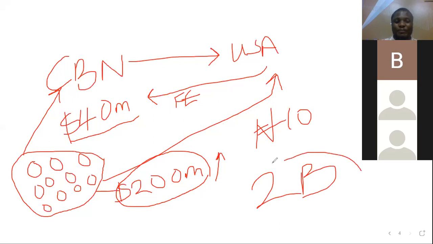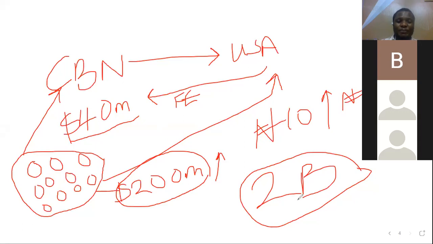They will carry 2 billion Naira to meet CBN because they need $200 million. But because CBN says we cannot meet this $200 million, because of that pressure, the exchange rate will now increase from 10 Naira to, say, I'm assuming, let's say 20 Naira.